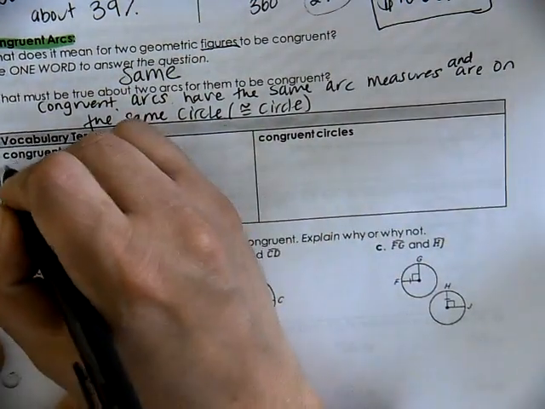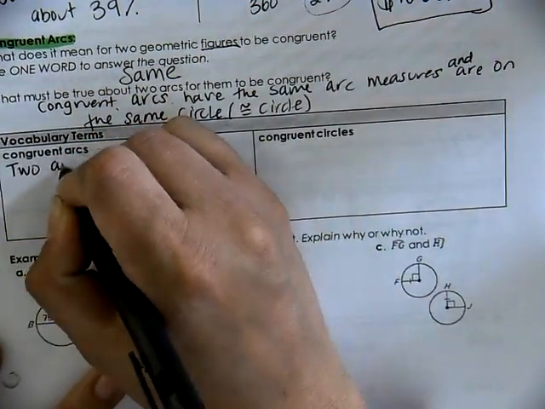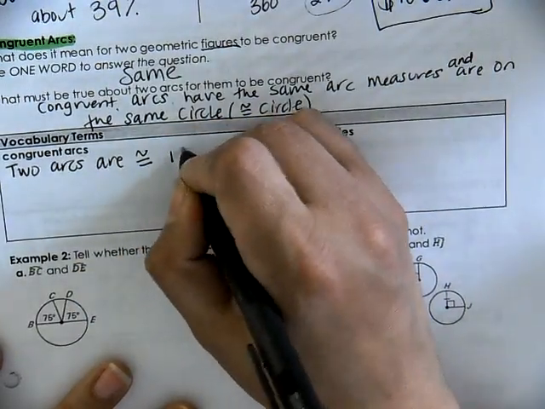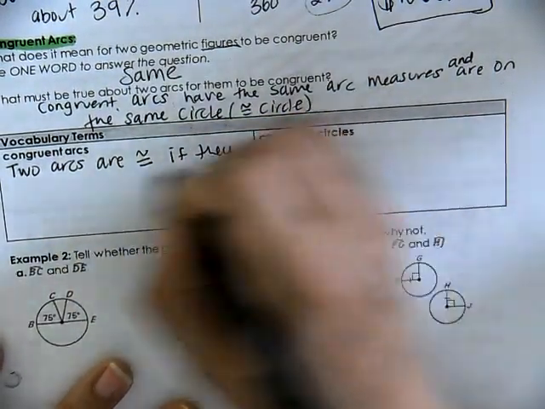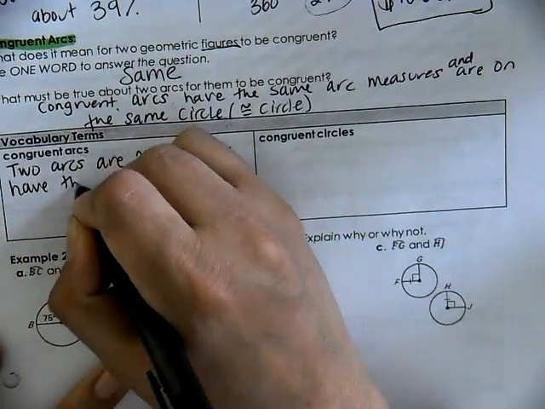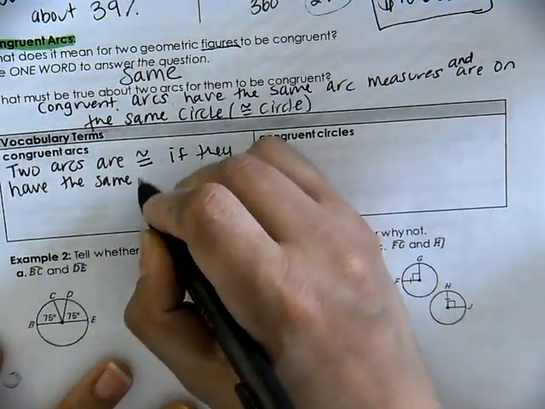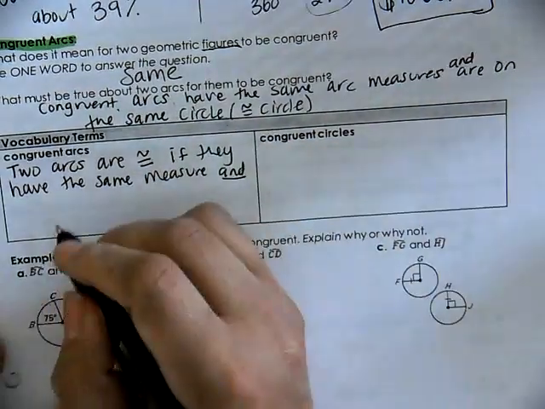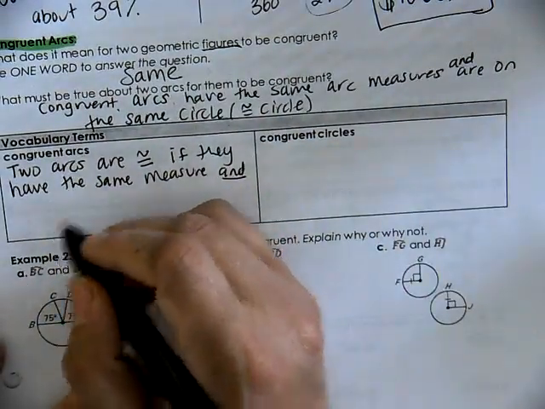So congruent arcs, I'll write down here that two arcs are congruent if they have the same measure, and arcs have to be on the same or congruent circles.